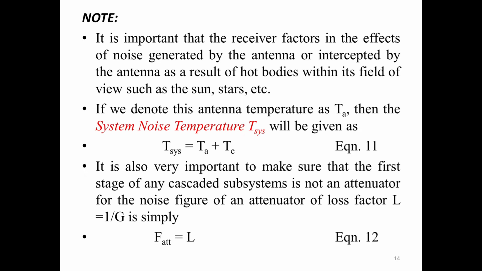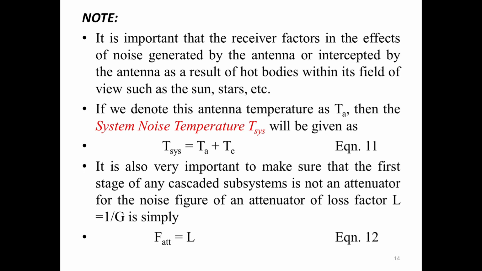Note, it is important that the receiver factors in the effects of noise generated by the antenna or intercepted by the antenna as a result of hot bodies within its field of view, such as the sun, stars, and other heavenly bodies. If we denote this antenna temperature as Ta, then the system noise temperature Ts will be given as Ts equals Ta plus Te, equation 11.